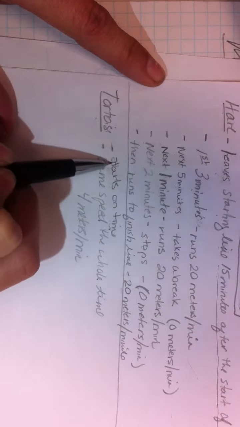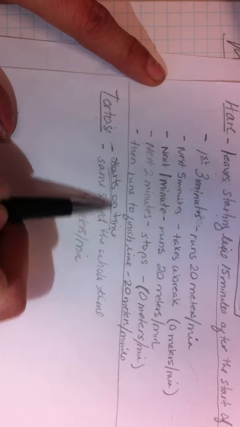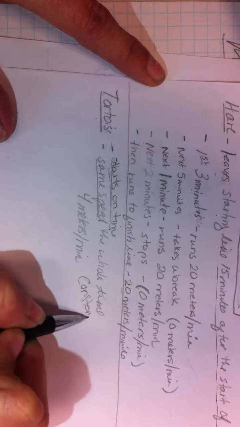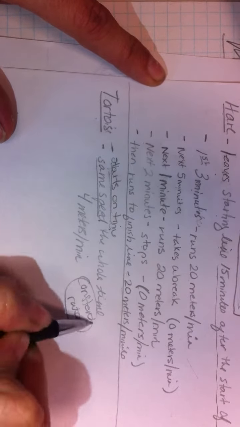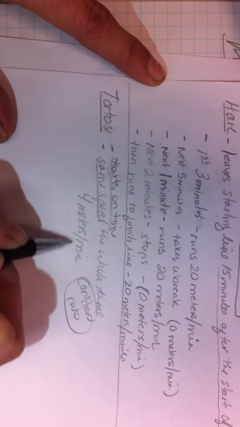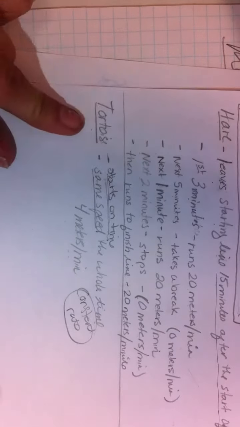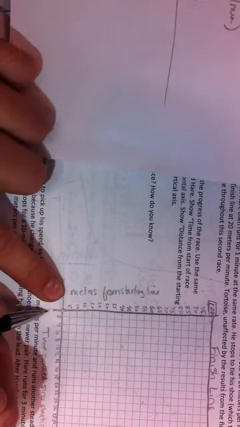Now the tortoise starts on time, at the beginning, and he runs the same speed, so a constant rate the whole time, and he runs 4 meters per minute. So let's go ahead and graph the tortoise first because he's easiest, and then the hare. So the tortoise starts on time, so he's going to start at 0 minutes.